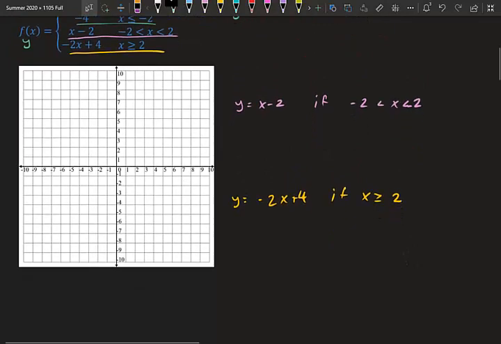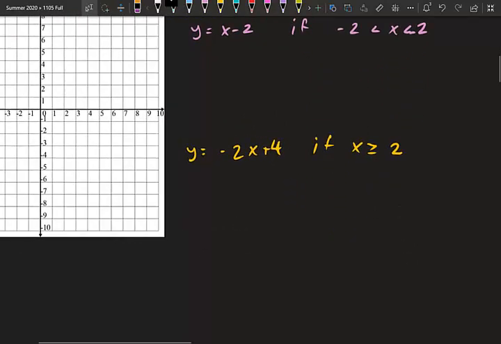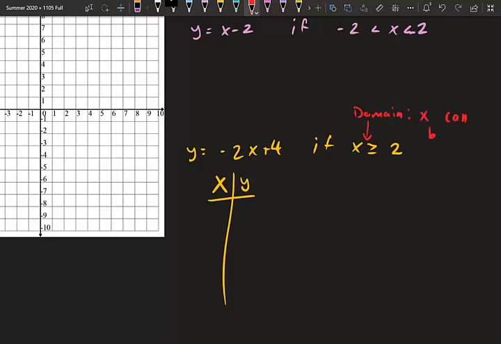Okay, so we're going to start at the bottom and work our way up. So let's start off with the orange one. So we draw our T-chart. Remember, that little thing, that's the domain. Isn't the domain what x can and cannot be? So it's what x can be. So what this is saying, x can be 2 because of the sign underneath. So we're going to pick that 2.